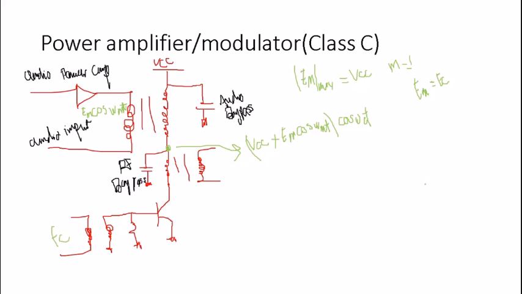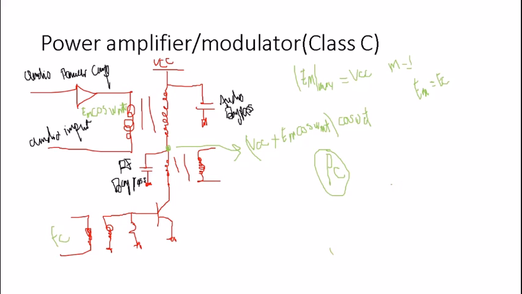this power amplifier. So to actually design this modulator, we need a couple of parameters that we need to find based on the power of the carrier. So our main focus here is the power of the carrier signal.